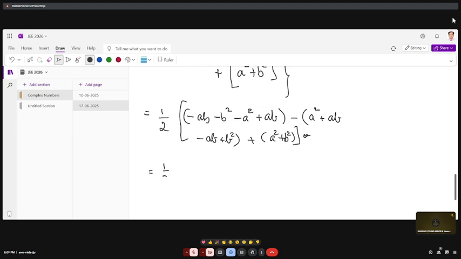That will be half into. Here you see that ab and ab get cancelled. So what remains is minus a square minus b square. That is the first term. The second term is minus of. Here also ab and ab get cancelled.